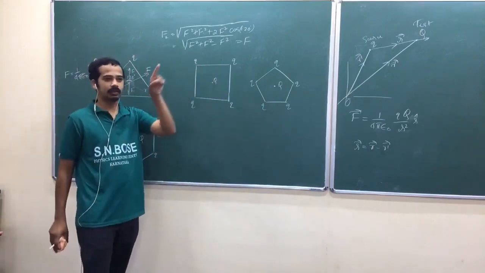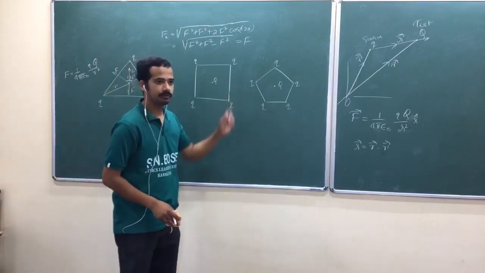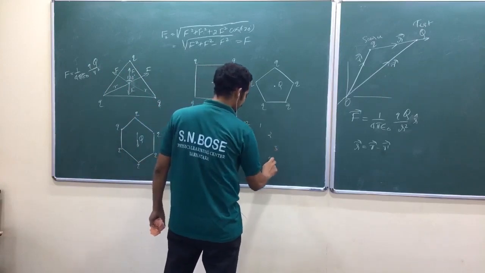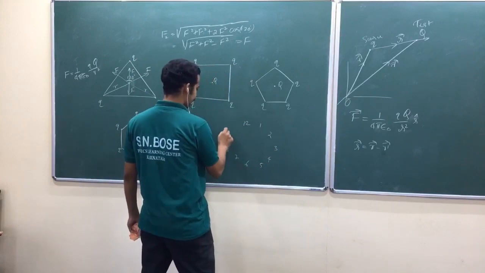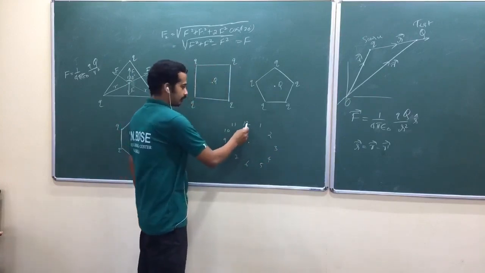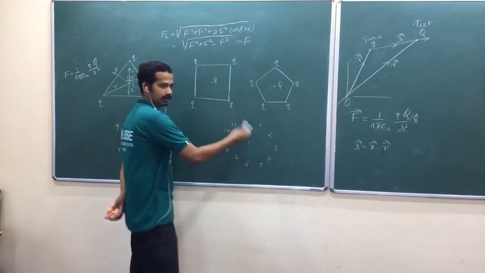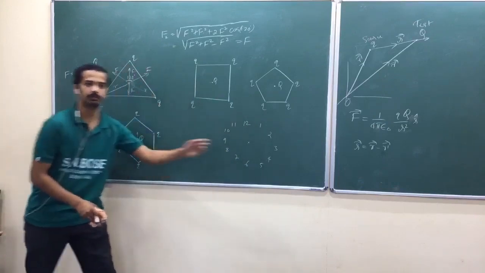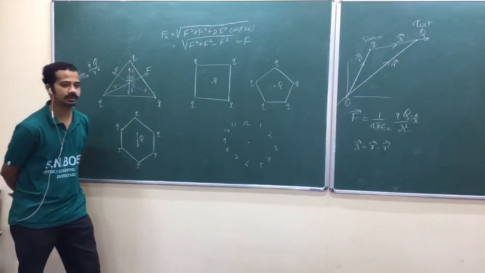So force due to charge at 12 will be cancelled out by, so 12, 1, 2, 3, 4, 5, 6, 7, 8, 9, 10, 11, 12, am I right? So charge at the center, force due to this charge will be cancelled by force due to this one, isn't it? You will get opposite one. For any even-sided polygon, this will happen. You can quickly argue those forces will get cancelled out and net force on the charge at the center is 0.